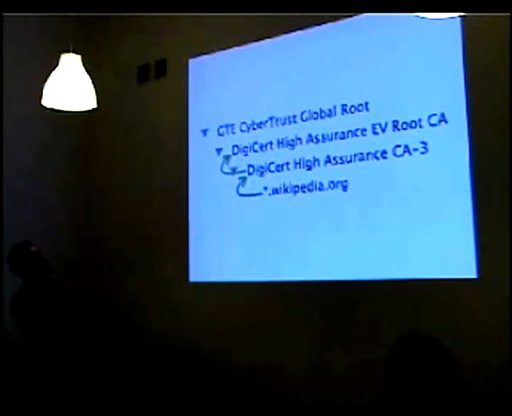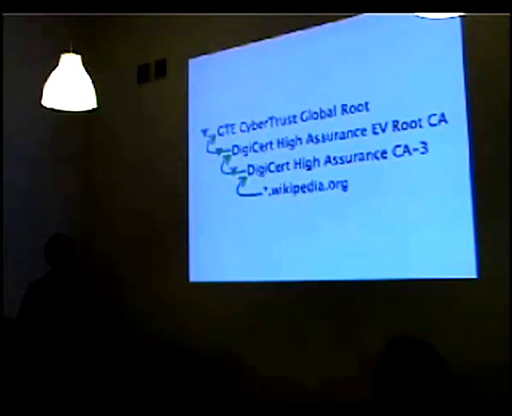Now, it says there root CA. It's not actually a root CA on my machine. It's just root CA for DigiCert. So it is possible that there are machines out there that actually trust DigiCert High Assurance EV as a root CA, but mine doesn't. And then finally, it's signed by GTE CyberTrust Global Root, which is apparently one that I do have on my machine.